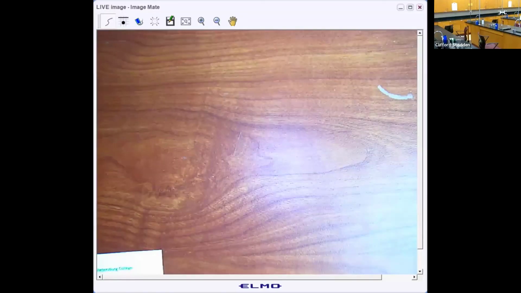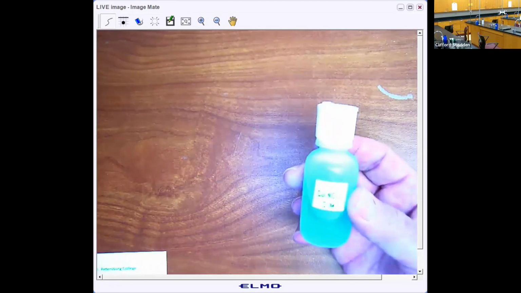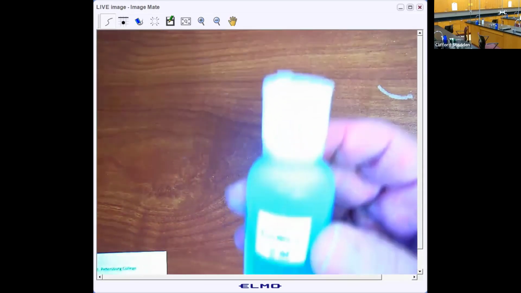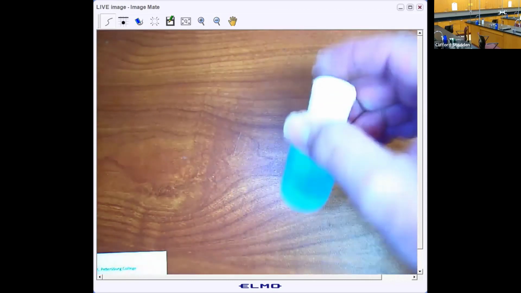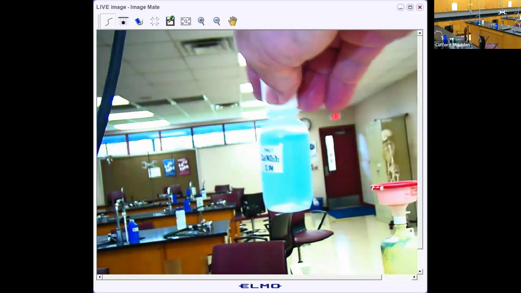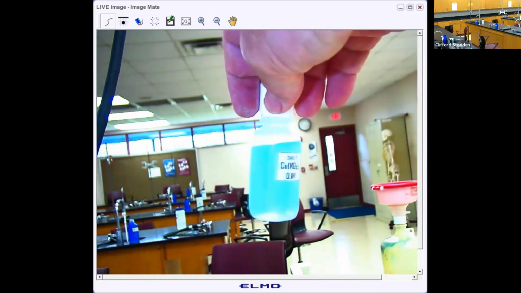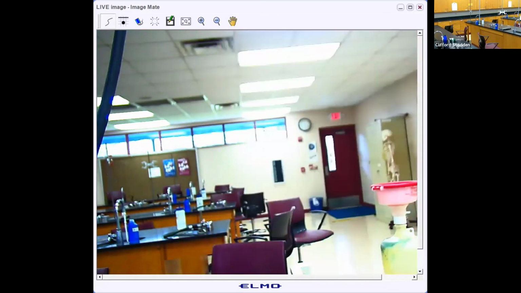One last thing I wanted to make sure you were aware of: I pointed out and showed you that the copper nitrate solution is this bluish color, kind of a blue-green, which we said already.